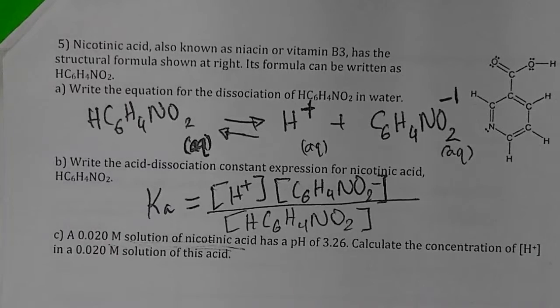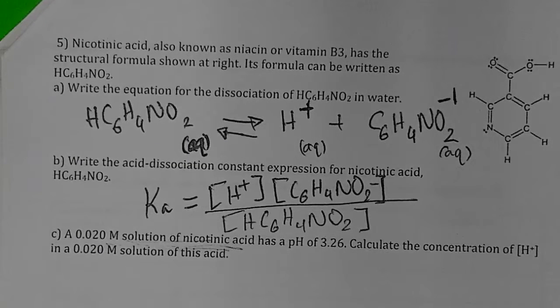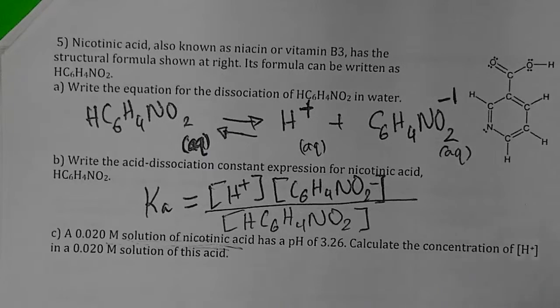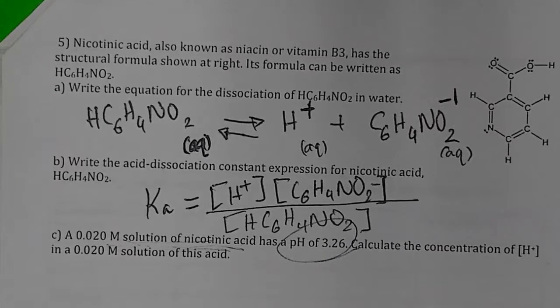How do you find H plus? Nope, because remember, this is a weak acid. Nope, there is an easier way. I don't know if you guys noticed. Oh, it's just 10 to the negative whatever. I give you this, so that means you can find this.